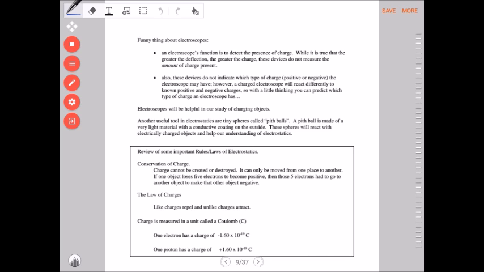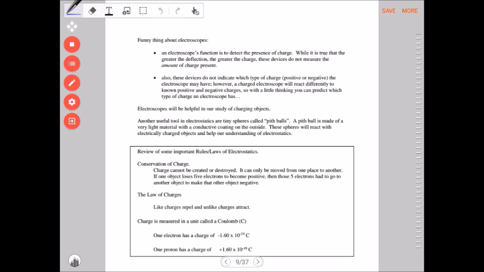However, a charged electroscope will react differently to known positive and negative charges. So with just a little bit of thinking, we can predict which type of charge an electroscope might have. That's going to require some thinking, and I haven't even taught you that yet, so don't worry, we'll get there. So electroscopes are super handy in our study of charged objects or charging objects.